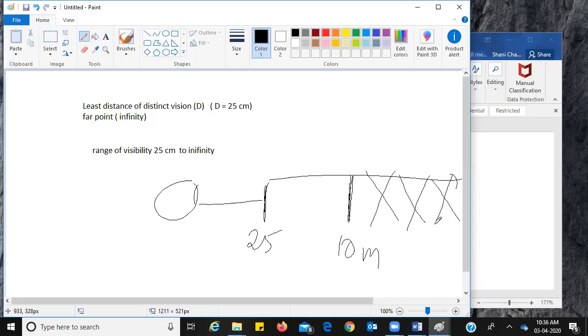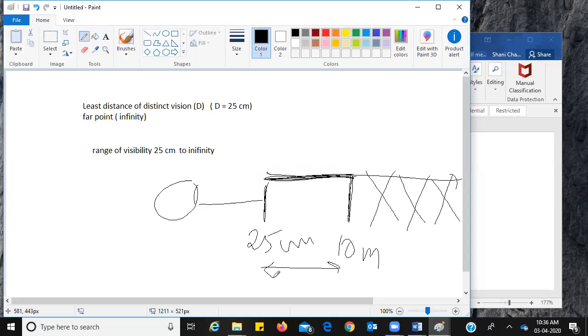If I'm the person with this defect, my range of visibility is only between 25 centimeters to 10 meters.